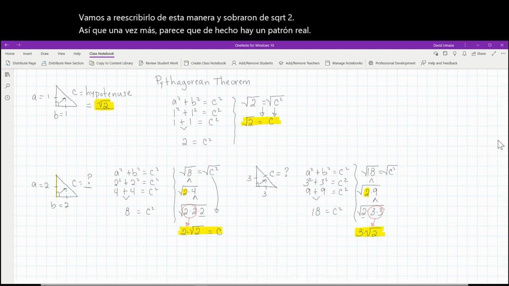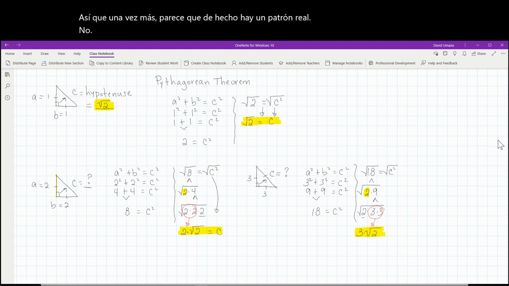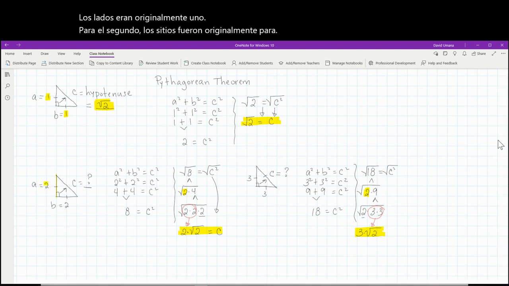Now, I compare that with the original, where it's just square root of 1, and I quickly realize that on the original one, the sides were originally 1. For the second one, the sides were originally 2. And for the third one, the sides are originally 3.